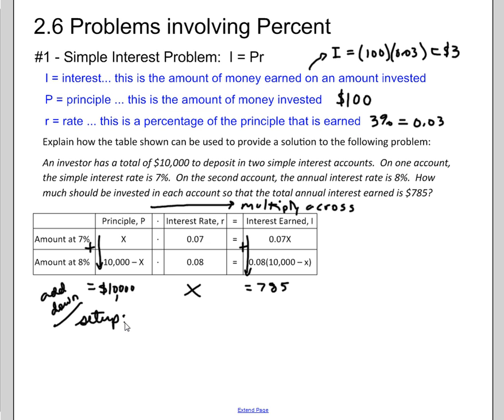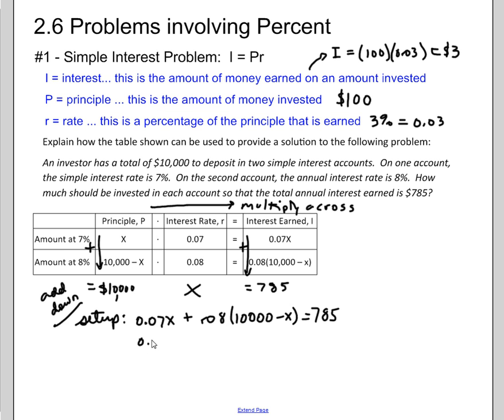So what does our setup look like? According to this graphic organizer, 0.07 times x added to 0.08 times 10,000 minus x is going to give me a total of $785. So now I've got a nice equation in x that I can solve.